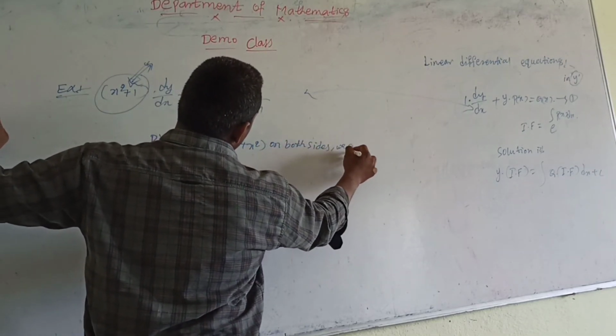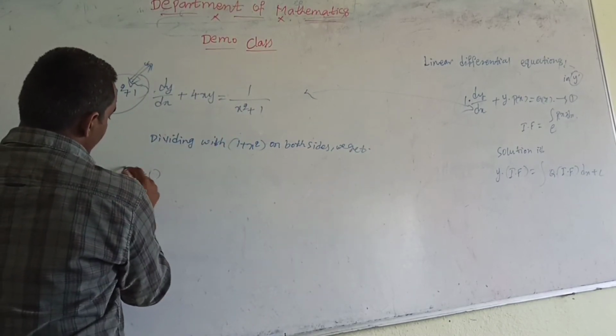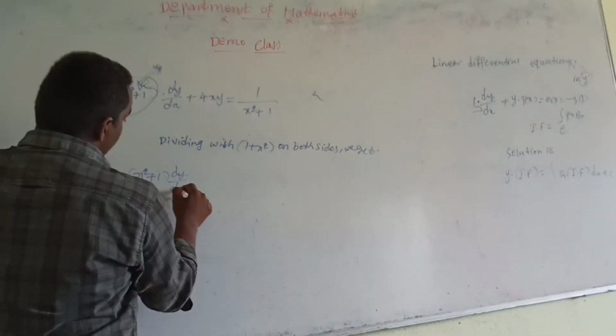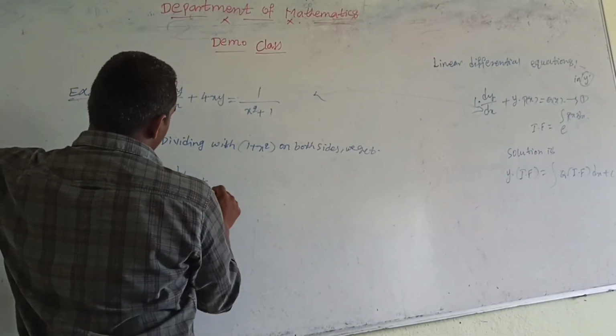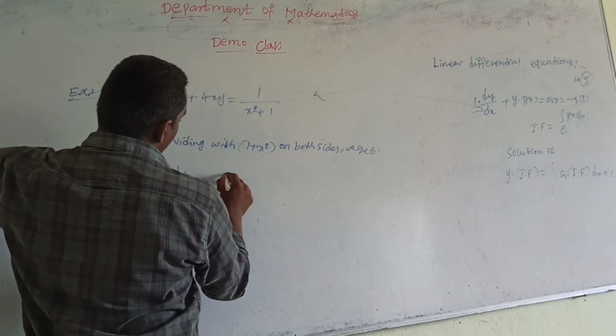How much do we get? On the left, x square plus 1 cancels, giving dy by dx plus 4xy by x square plus 1.